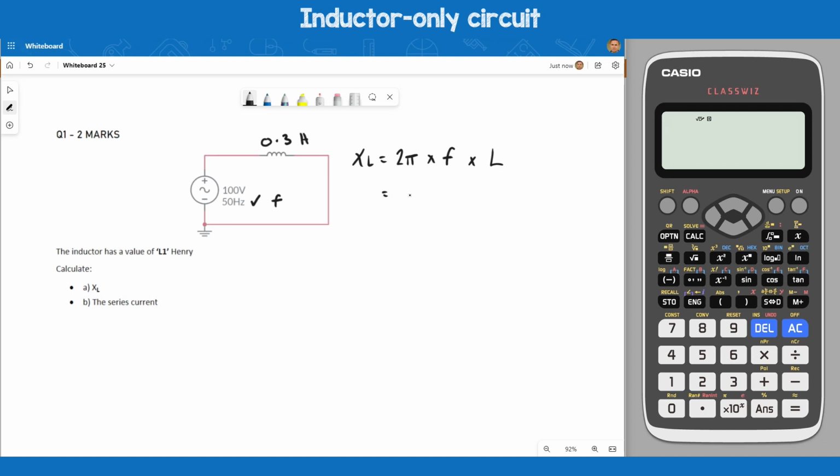So XL is 2 pi times 50 Hertz times 0.3 Henry.